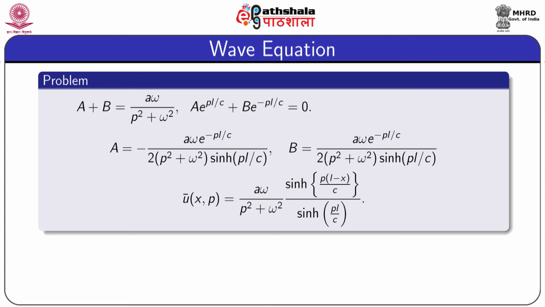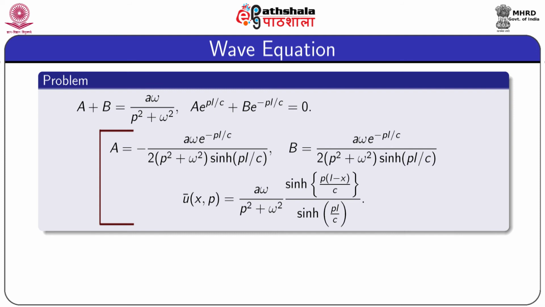So, those two boundary conditions give the equation a plus b equals a omega by p square plus omega square, and a e to the power pL by c plus b e to the power minus pL by c equals 0. Solving these two equations, we can obtain the values of a and b, which are written here.